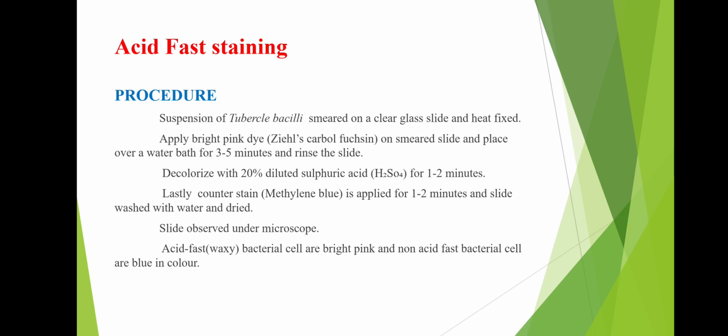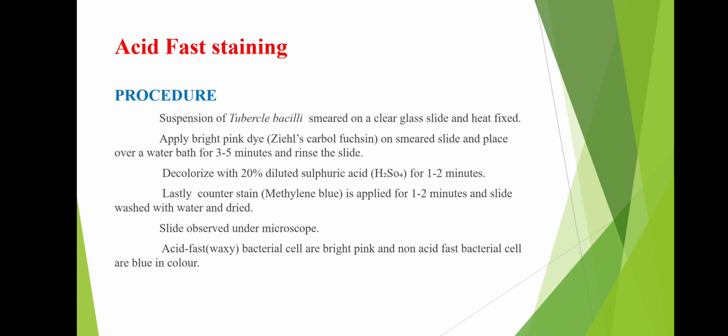Procedure for acid-fast staining: a suspension of tubercle bacilli is smeared on a clean glass slide and heat fixed. Apply the bright pink dye, carbol fuchsin, on the smeared slide and place it over a water bath for 3 to 5 minutes.